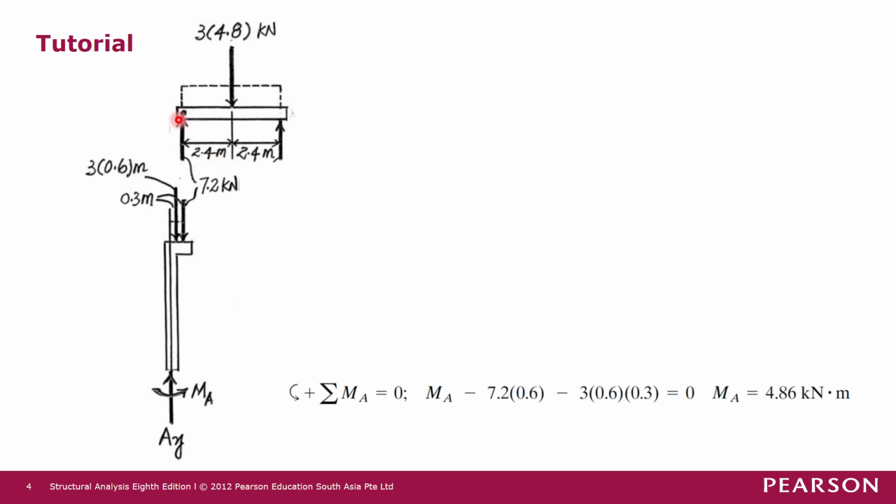Because this beam is sitting on this part of the structure, this support reaction is provided by this part of the structure. So these support reactions become an action on this part of the structure.